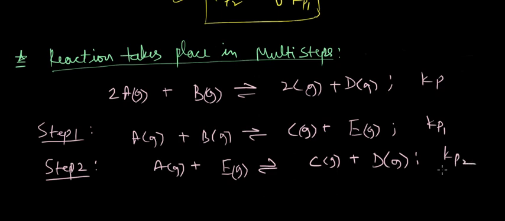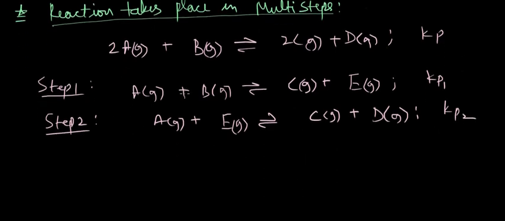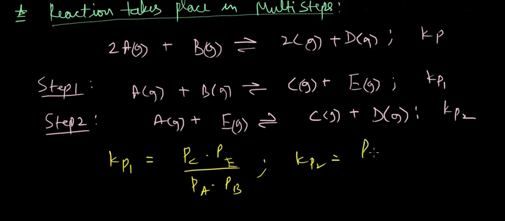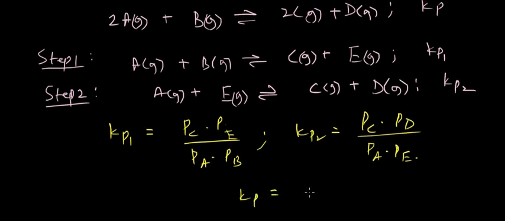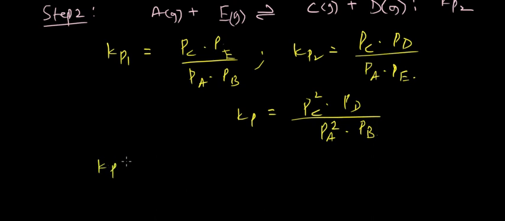So this is Kp2. The overall reaction would be the above one, and in this case we can write Kp1 as partial pressure of C into partial pressure of E, divided by partial pressure of A into partial pressure of B, and Kp2 would be partial pressure of C, partial pressure of D divided by partial pressure of A and partial pressure of E. And Kp can be written as partial pressure of C squared, partial pressure of D divided by partial pressure of A squared into partial pressure of B. So how can we derive Kp from Kp1 and Kp2?